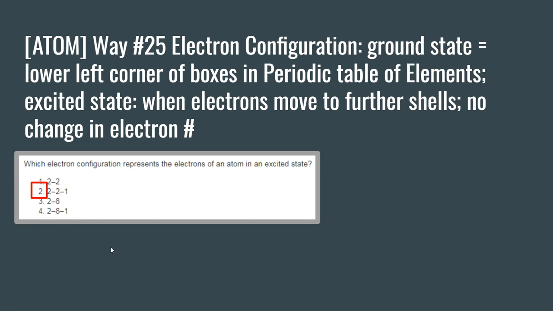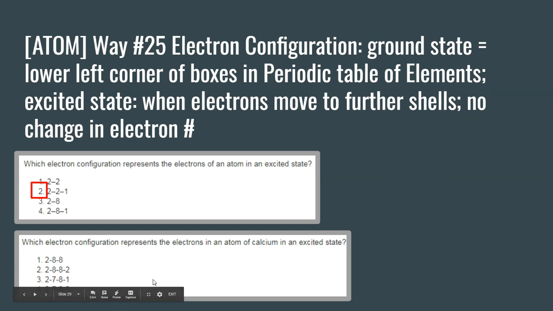Let's look at another problem. Which electron configuration represents the electrons in an atom of calcium in an excited state? So you first have to look up calcium on the periodic table to figure out its ground state configuration before you figure out a possible excited state configuration.